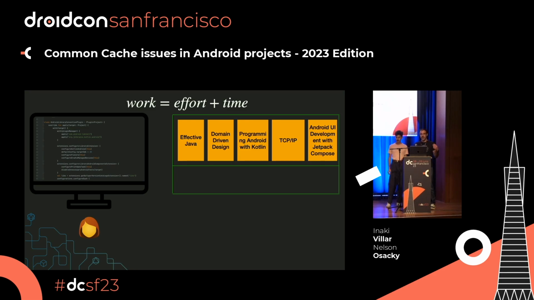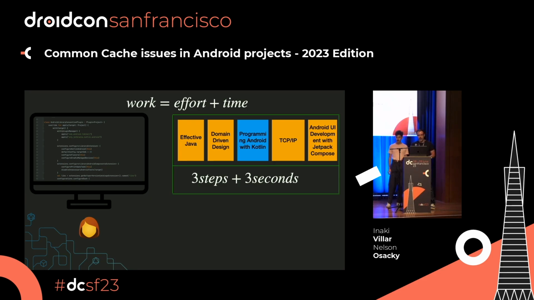Let's think, and this is just an example, that every time you move to the bookshelf, you spend 1 step and 1 second. So if I need to retrieve Programming Android with Kotlin, I'm going to spend 3 steps plus 3 seconds.